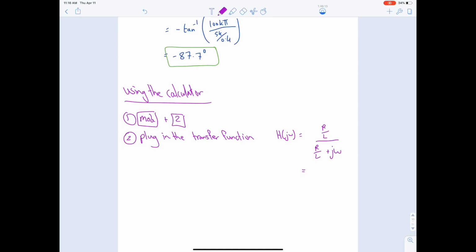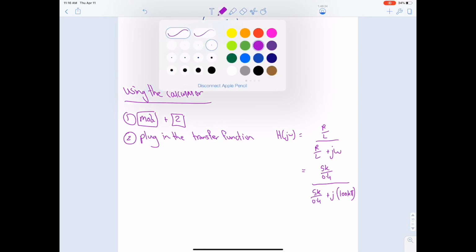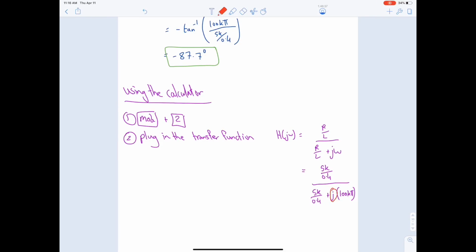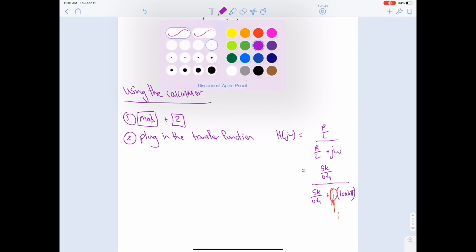So what you need to write is 5k divided by 0.4, divided by 5k divided by 0.4 plus j multiplied by 100 kilo pi. Now in the calculator j is i, and you can find it using the ENG button.